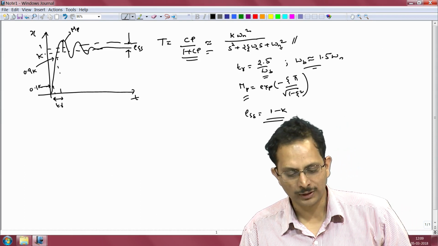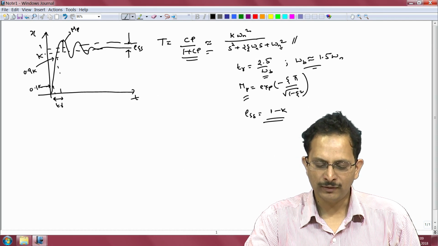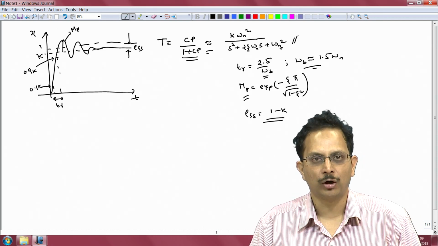So, by using the two together, one can estimate omega n and fix all the parameters of this approximate model.